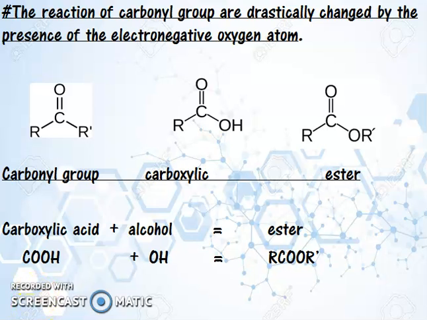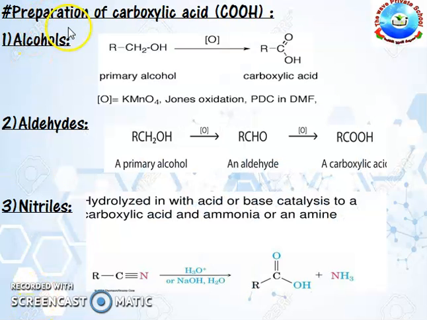Let us proceed next. Let's see preparation of carboxylic acid. Now see students, carboxylic acid is made from alcohols, aldehydes and nitriles. First we will see how carboxylic acid is made through alcohols. Here they have used a primary alcohol, where the OH, hydroxyl group, is attached to a carbon bearing only one other carbon, so it is a primary alcohol.